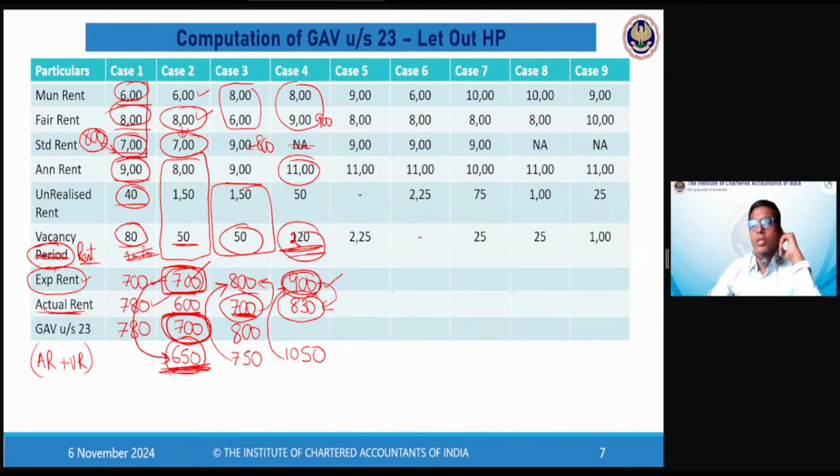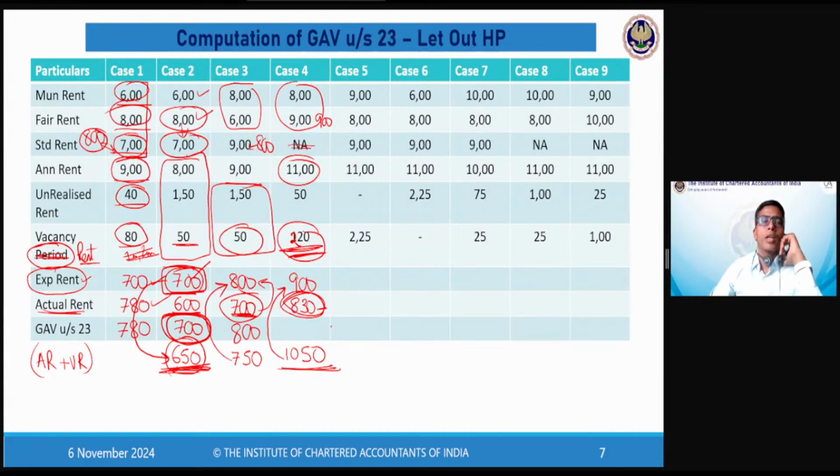Had there been no such vacancy, if this year I would have had the tenant for the whole year, that is, if this year there was no vacancy, my actual rent would have been this. It means it would have been higher than ER. It means the ER which I am having is not a correct figure because vacancy has affected my AR. It means AR only is my genuine figure.